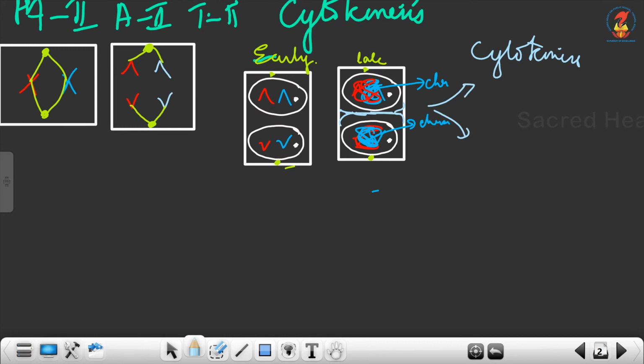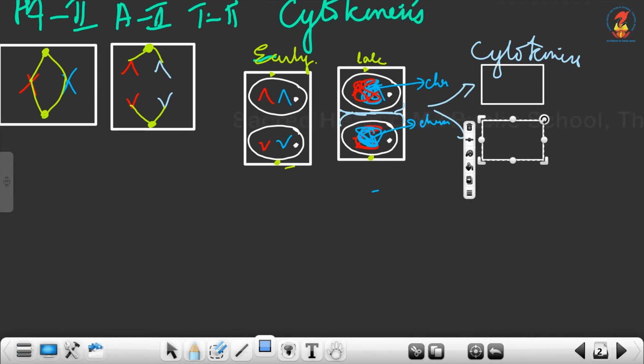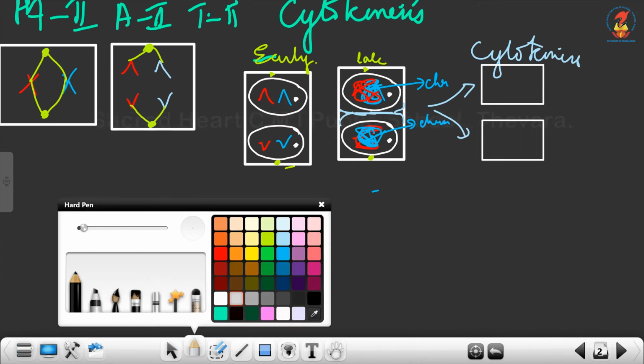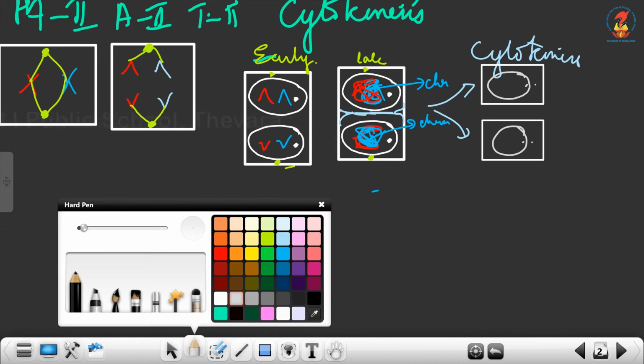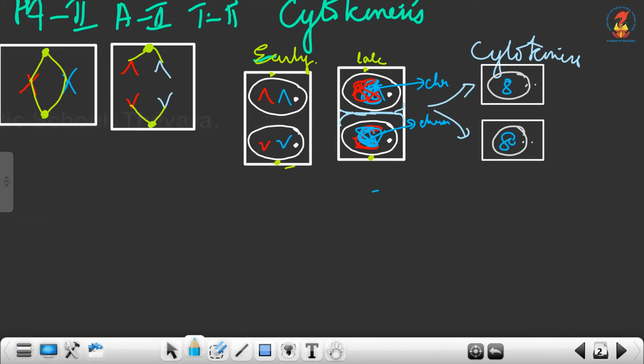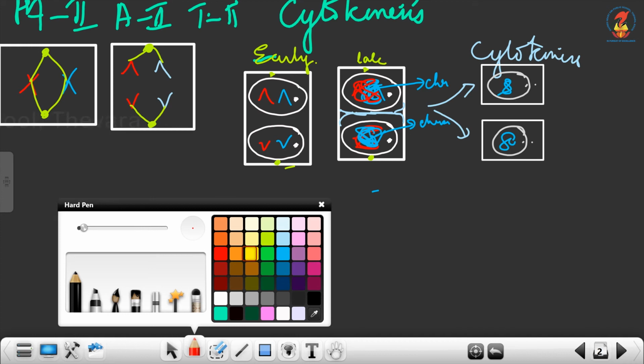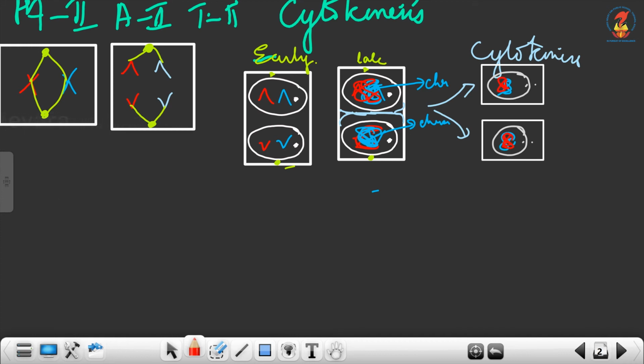So, we get two daughter cells here, 1 and 2, with all the details of interphase: nuclear membrane, nucleolus, centrioles, nuclear membrane, nucleolus, centrioles, and the chromatins. Be careful with red and blue. So, we got two daughter cells here.